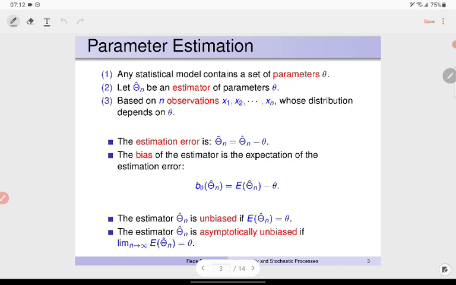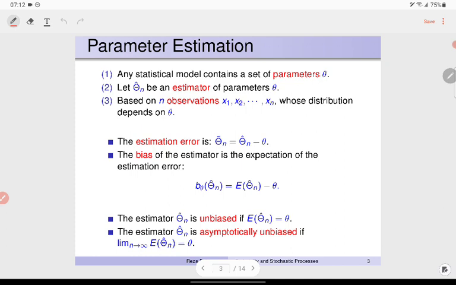This estimator of parameters theta is usually denoted by theta hat n. Based on the n observations that we have, namely x1, x2, and so on until xn, we are going to try to find the closest model, whose distribution, of course, depends on theta.